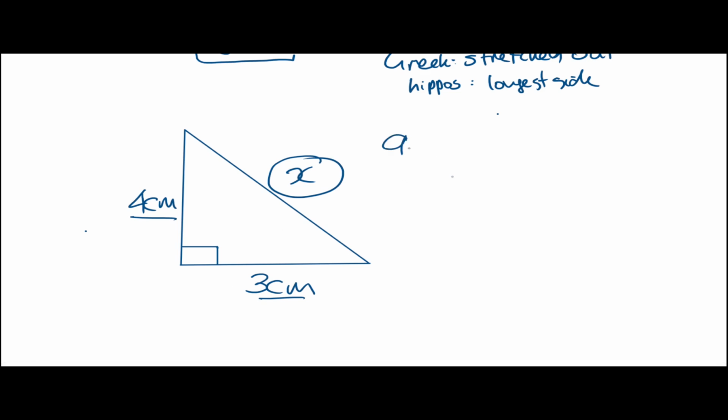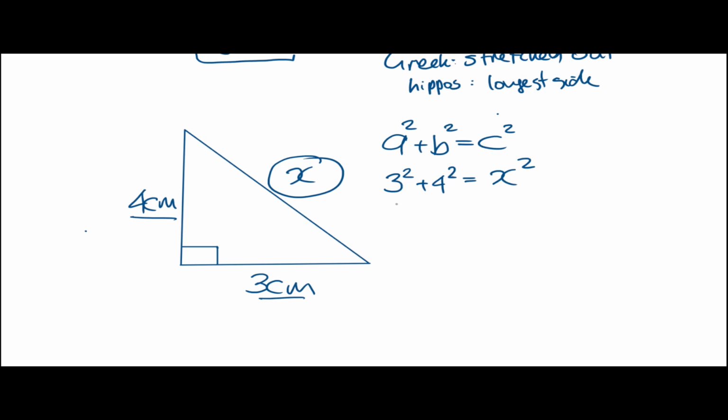Well, a squared plus b squared equals c squared. A squared, a in this case, is 3 squared plus 4 squared equals, and it's not c, we're told that it's x squared.